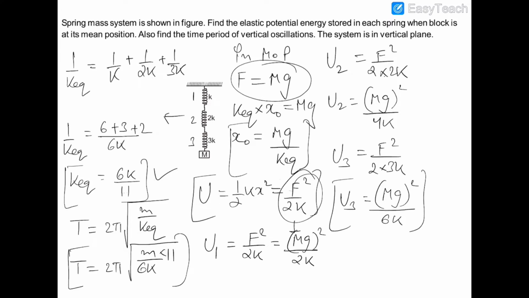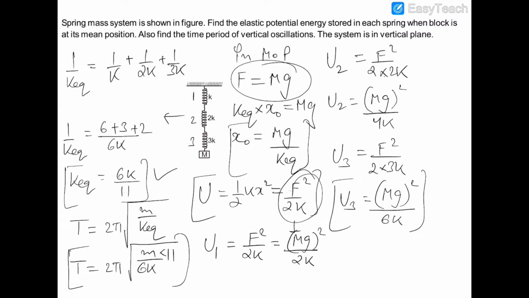So these are the energies stored in each spring, calculated using the formula F square upon 2k, where F is the force developed in each of the three springs, which remains the same because this is a series combination.